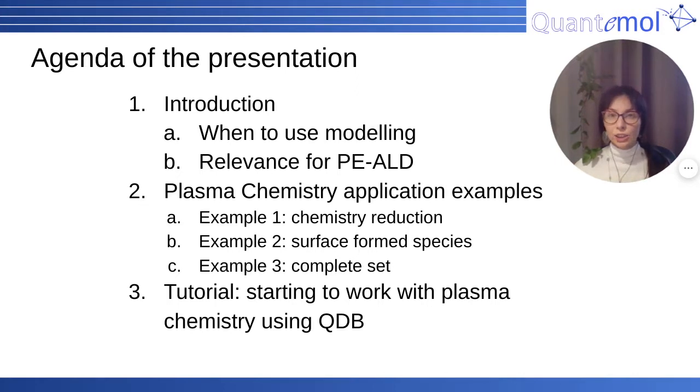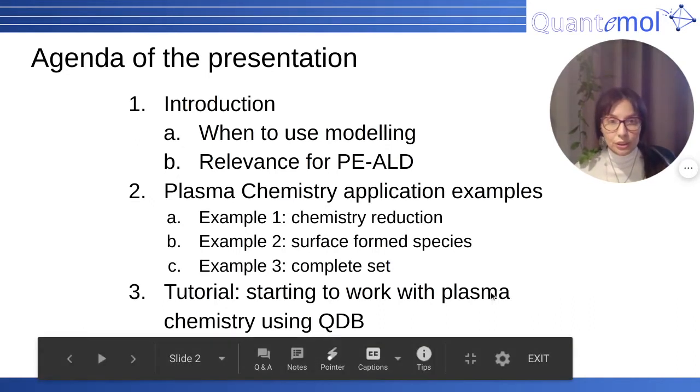In the second section, I will present examples of our work, how we use plasma chemistry optimization as a tool to improve modeling. And in the last section, I will do a little tutorial showing people who want to begin doing modeling how they can use free tools available on QuantumDB to start their plasma chemistry modeling.